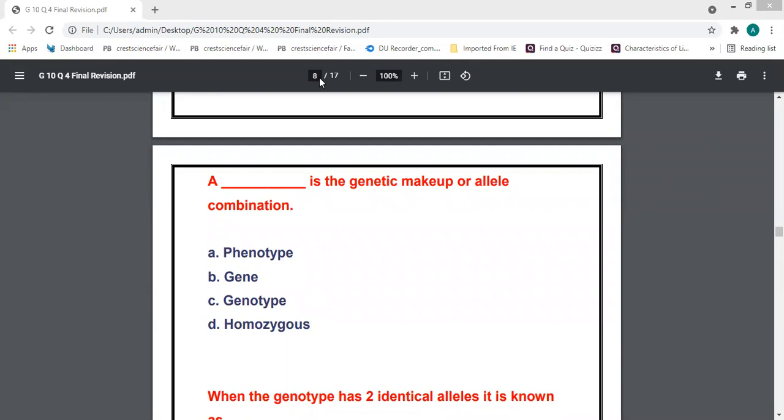Malak Wael. Genetic makeup, genotype or phenotype, Malak?